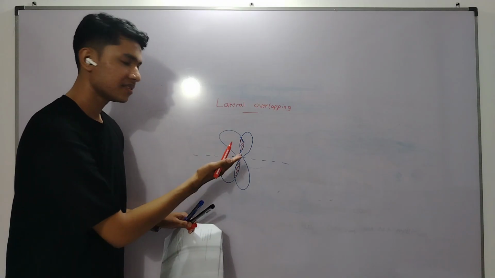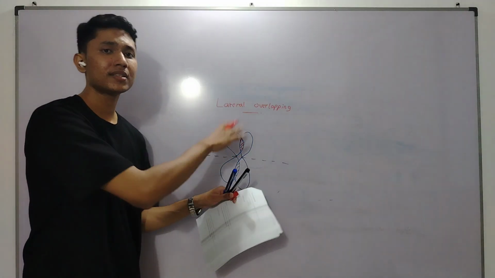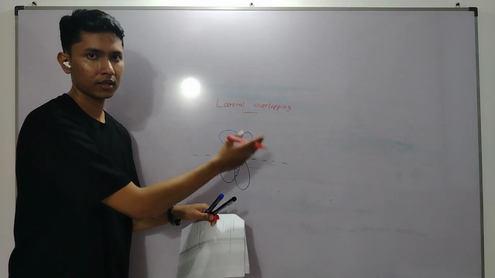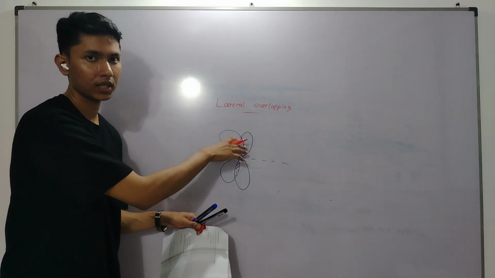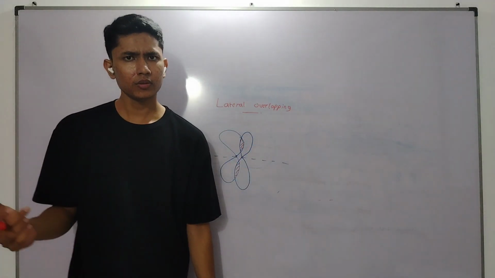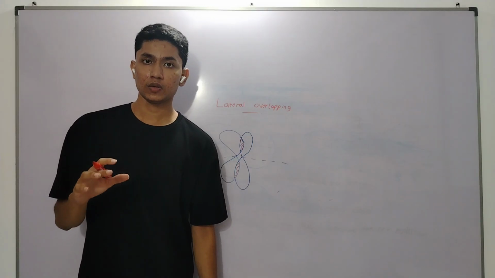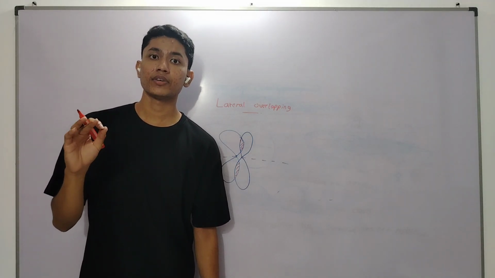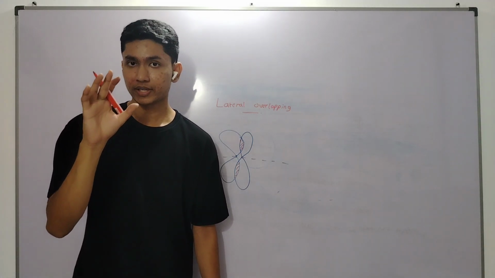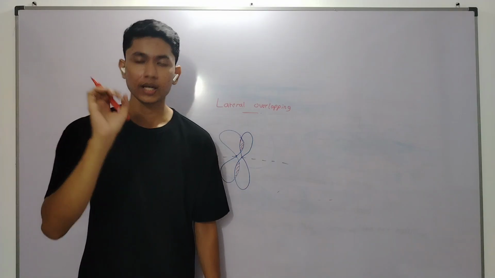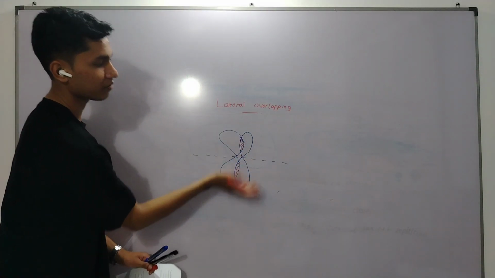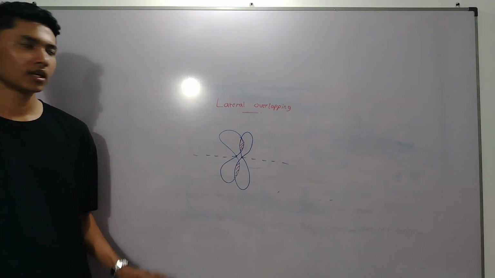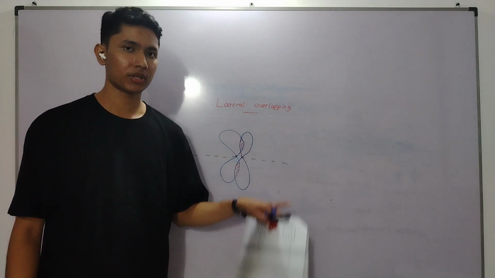The electron density higher area will be on either side of the internuclear line. Before, the internuclear line lay on the electron density higher area. Here, the electron density higher area lies on either side of the internuclear line. So this is called lateral overlapping.